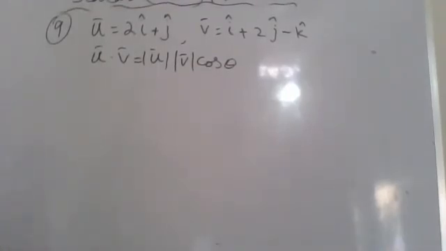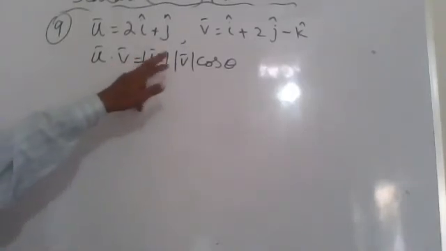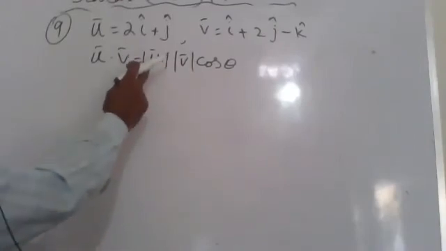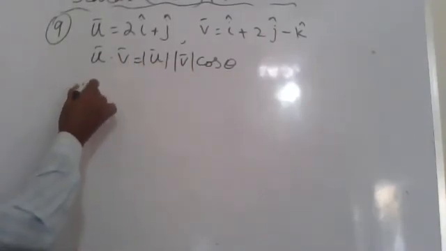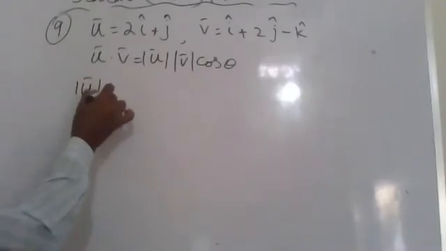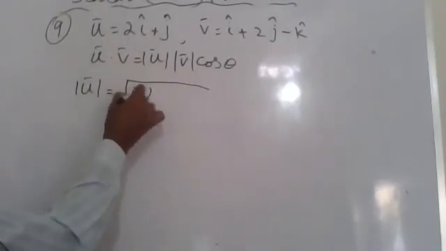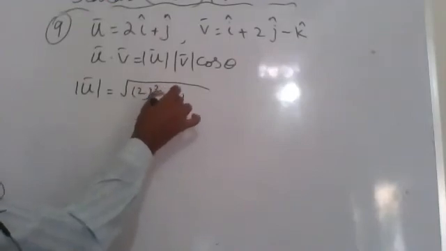Now we will find u dot v is equal to magnitude of u into magnitude of v into cos of theta. In this way, we will find cos of theta. First of all, we find the magnitude of u. That will be equal to under root 2 square plus 1 square.